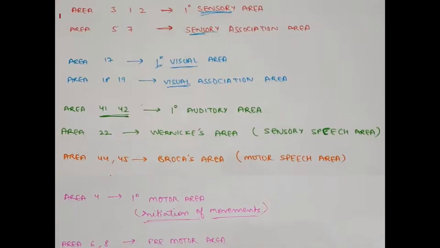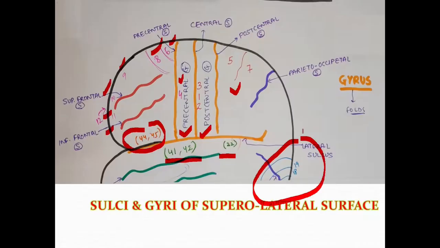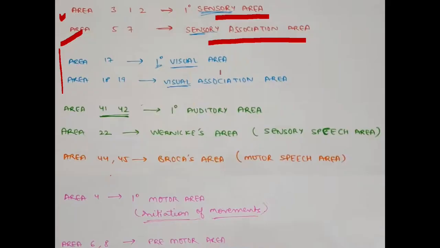So areas 3, 1, 2 help in the sensory area, 5 and 7 for the sensory association area, which are there in the precentral and the postcentral gyrus. Areas 17, 18, 19 in the occipital lobe, which we have just studied, are for the primary visual area and the visual association cortex.